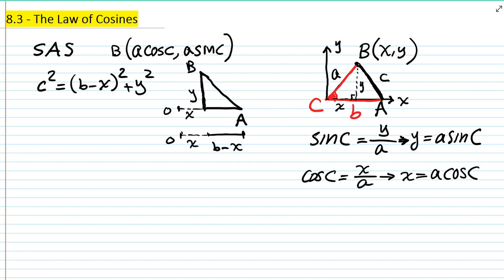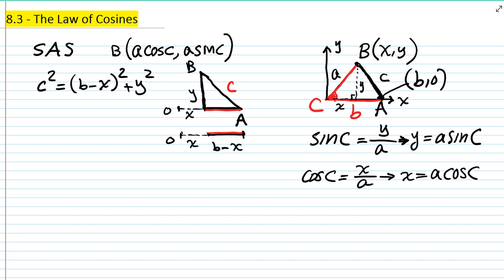So this side is going to be B minus X because the coordinates of point A are B comma 0. So the length of this side is going to be B minus X. Okay, and that's the C part.